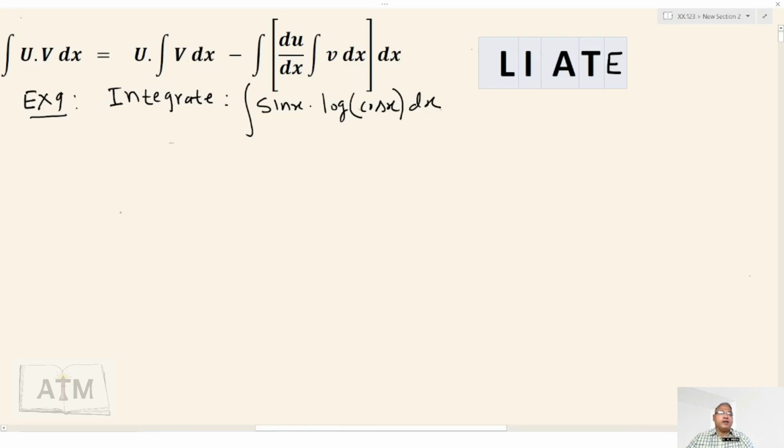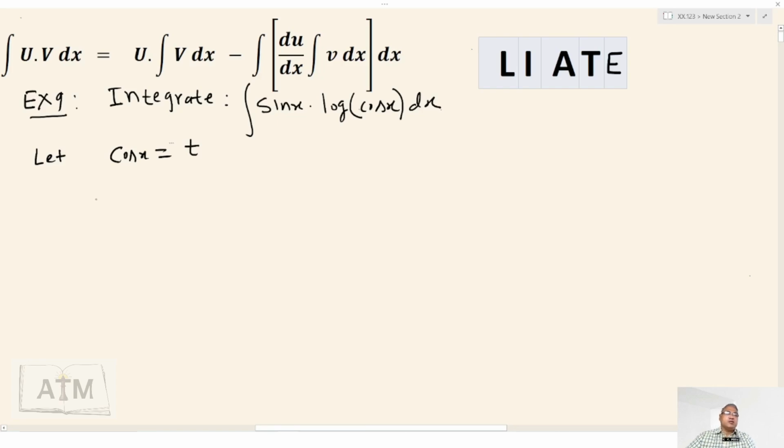Example number 9, integrate sin x into log of cos x with respect to x. First of all, we observe that the derivative of cos x, sin x, is present, so it's quite an easy problem. Let cos x equal t.